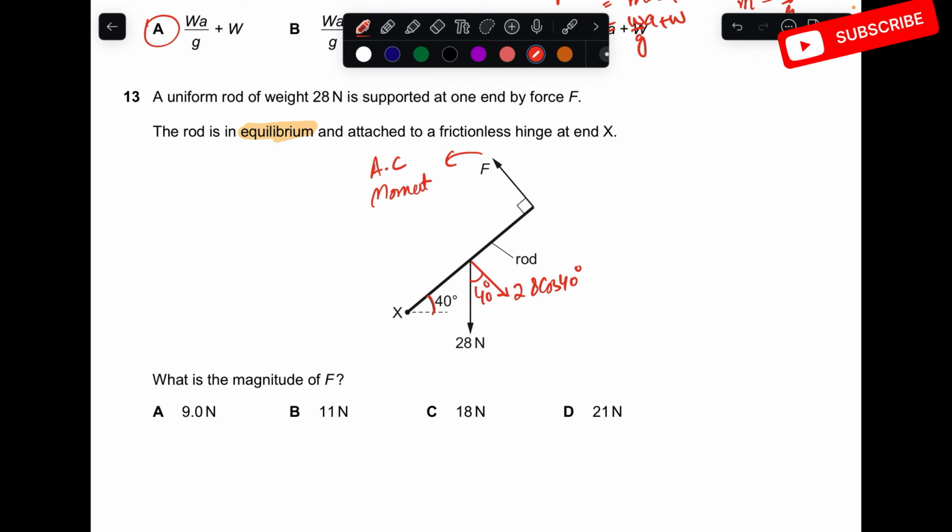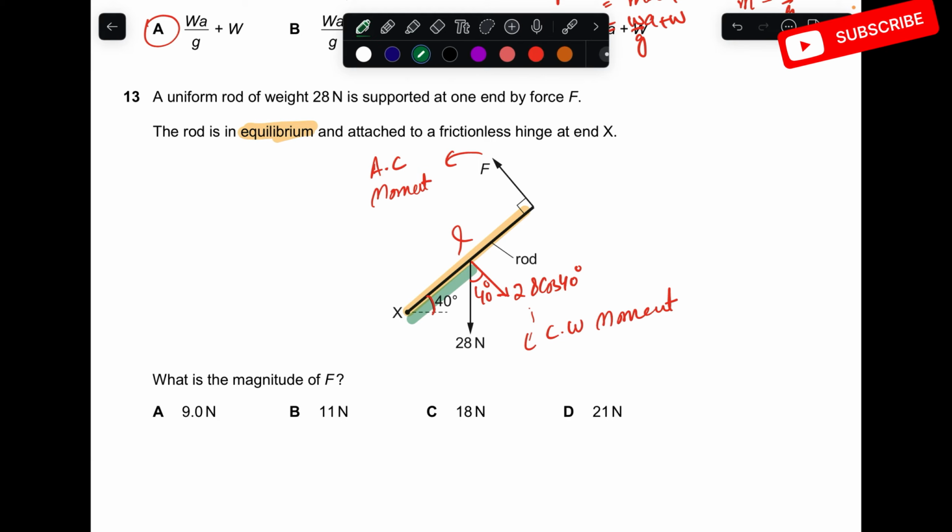So we have two forces. This force will produce a clockwise movement. For the anti-clockwise movement from the pivot point, this is the length. Let's call this L. And for clockwise movement, this is the length that we have to consider.